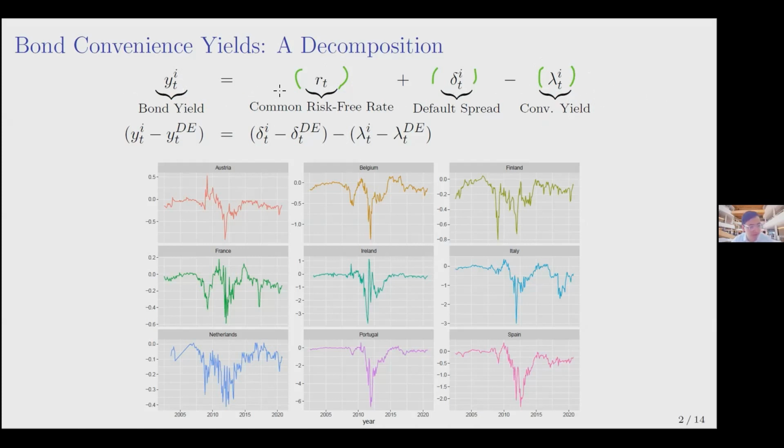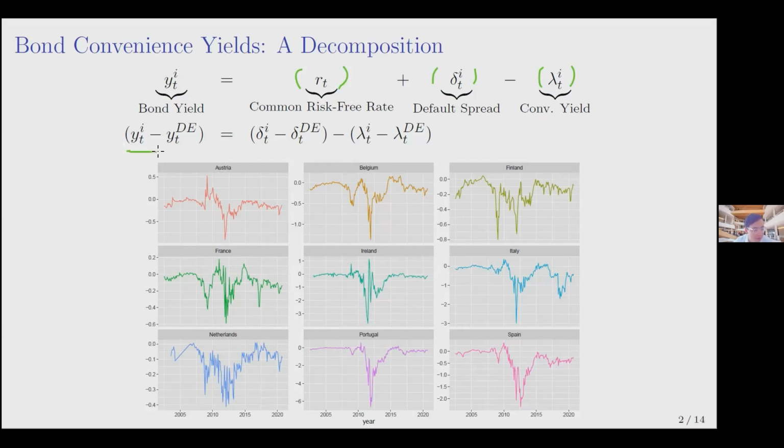To quantitatively assess the magnitude of each of these components, we could find a proxy for the common risk-free rate. But here we choose a different style. We actually do a difference between each country I and Germany. Because the risk-free rate is common, it should drop out in the difference.